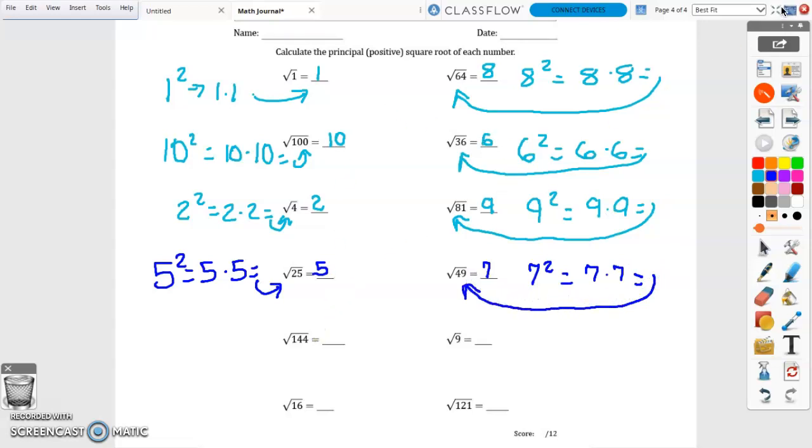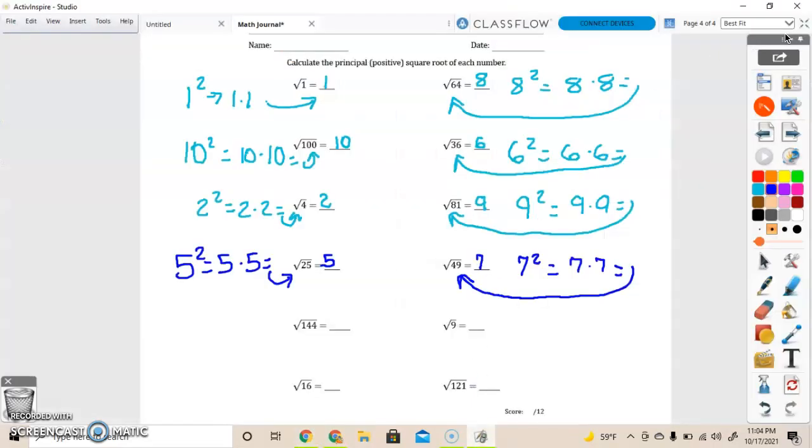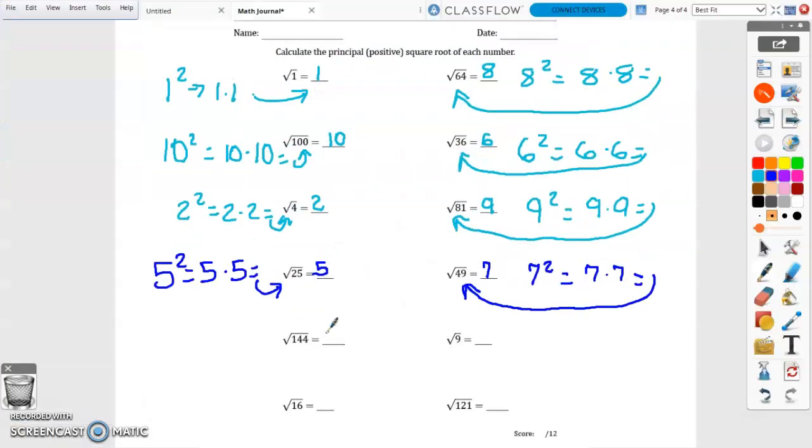Now we have 144 and we'll use decimals. The square root of 144 is 12. 12 times 12 is equal to 144.